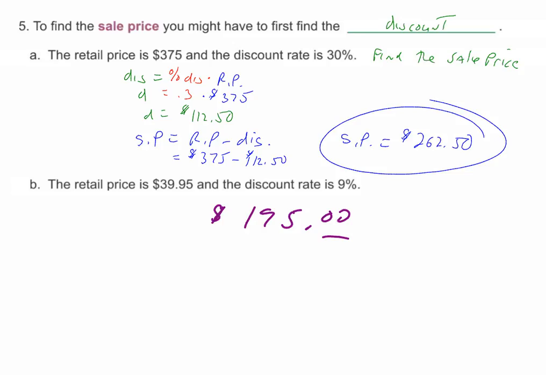What's 10% of $195? $19.50. Let's round it up to 20 for just rough calculating. So if 20 bucks is 10%, how much is 20%? Double that, 40 bucks. So you're expecting to get about 40 bucks off the price, right? That's amazing. Nice 20% off sale.